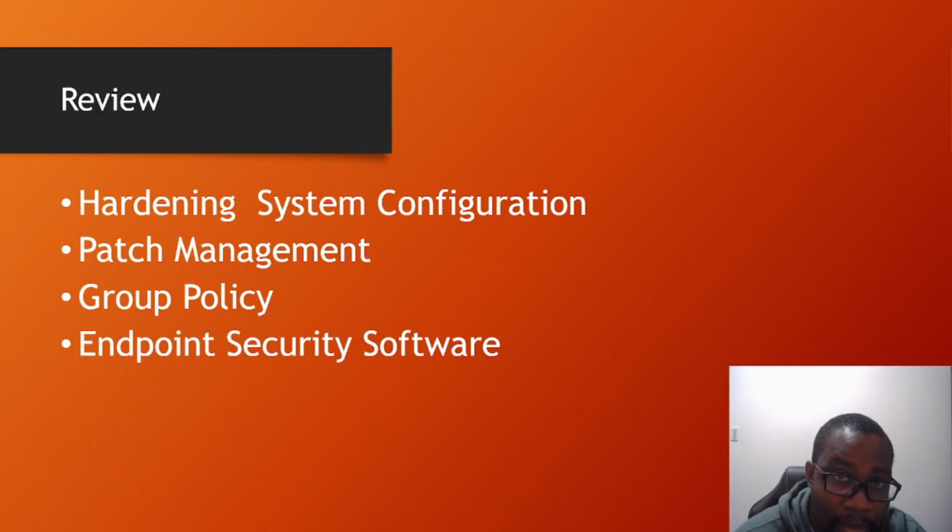With patch management, you're making sure that all your endpoints, whether that's your computers or your mobile phones, are patched with the proper updates and drivers, etc., so nothing is out of date. Group policy allows you to disseminate all your configurations so that they're uniform across the domain. And your endpoint security software, like your antivirus and firewalls, is on each endpoint device in your IT infrastructure, so everything is as secure as it can be.